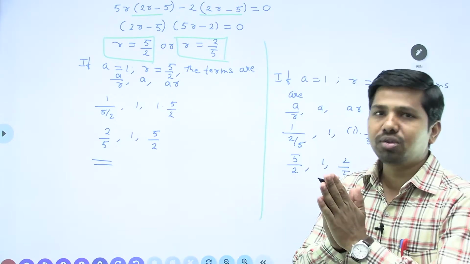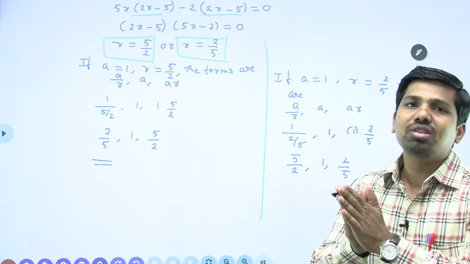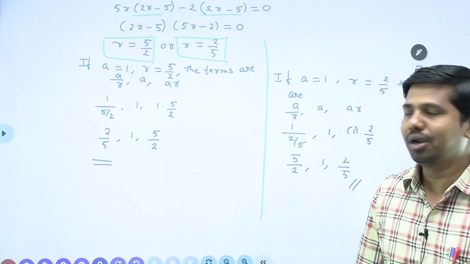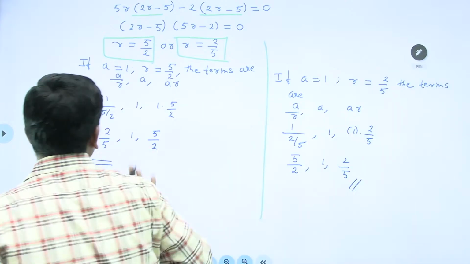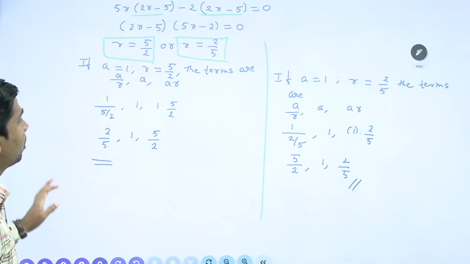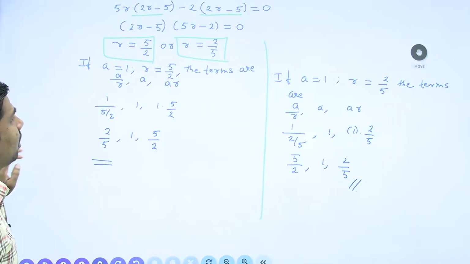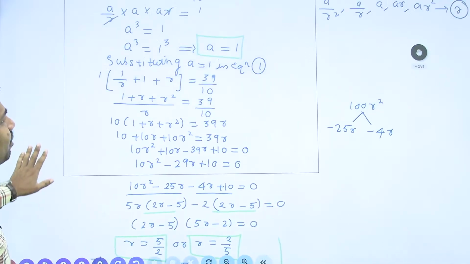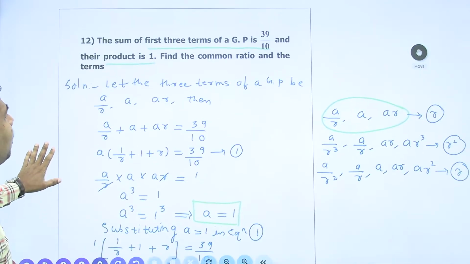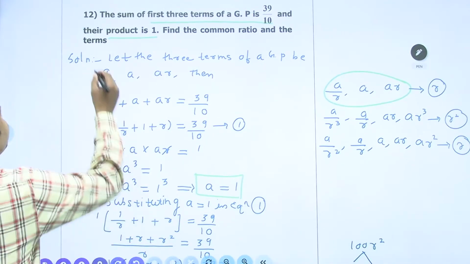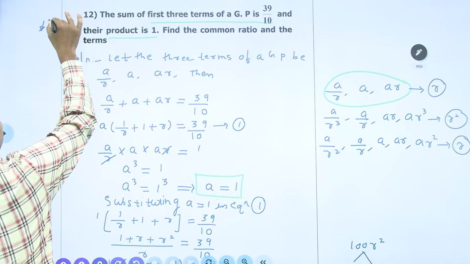So these are the three terms we are writing which satisfy the given two conditions. Product of those three terms is equal to 1 and sum of those three terms equal to 39 by 10. This is one of the important examples for 3 marks.